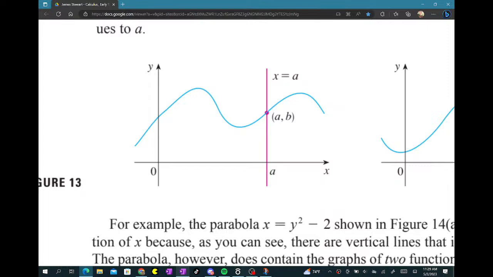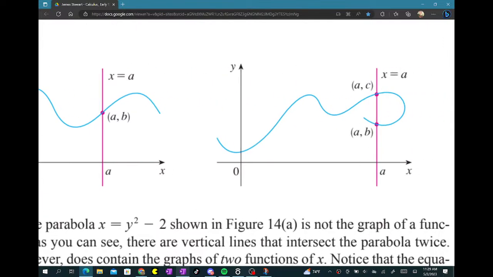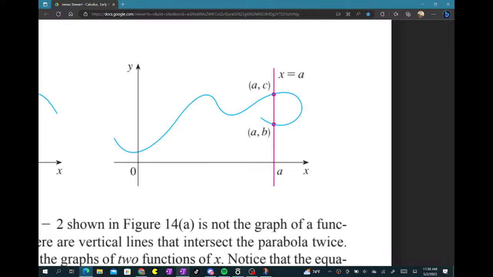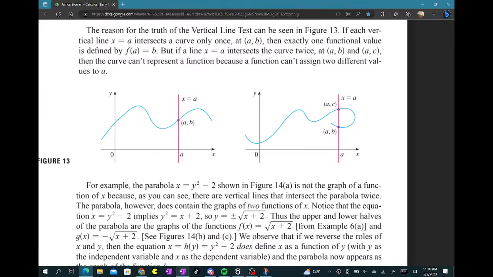If we see that each only touches the blue curve once, then we know this is a function. On the contrary, if we draw a pink vertical line at x equals some number a, it can be any number, and it crosses the curve twice, here and right here, then that is not good, because it means it is not a function, right? Okay.